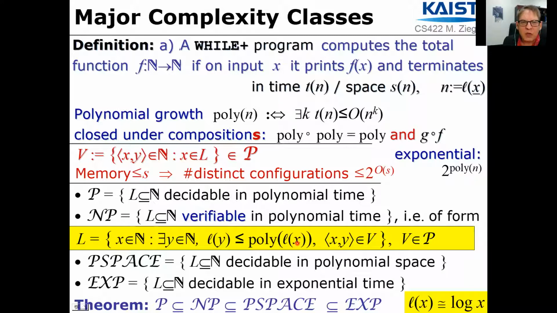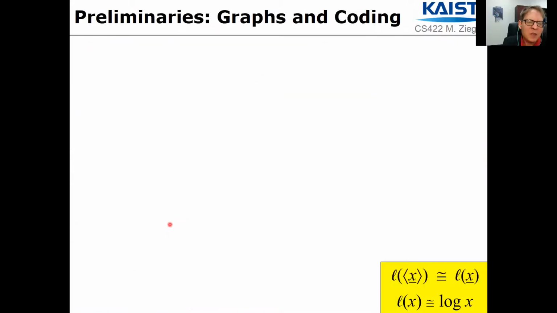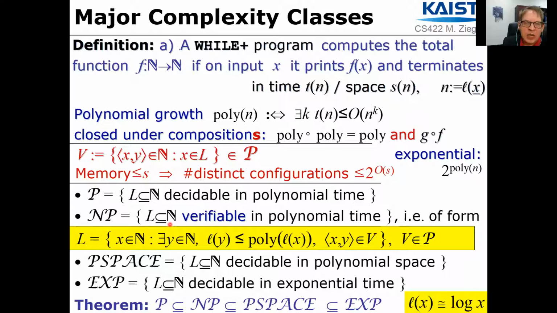So in order to decide whether x belongs to L, where L is in the class NP, we have no better idea. For 50 years, nobody has been able to come up with a better idea than to test all possible candidate witnesses y, of which there are exponentially many, and thus this algorithm for the complexity class NP would run in exponential time, but that's not our concern right now.